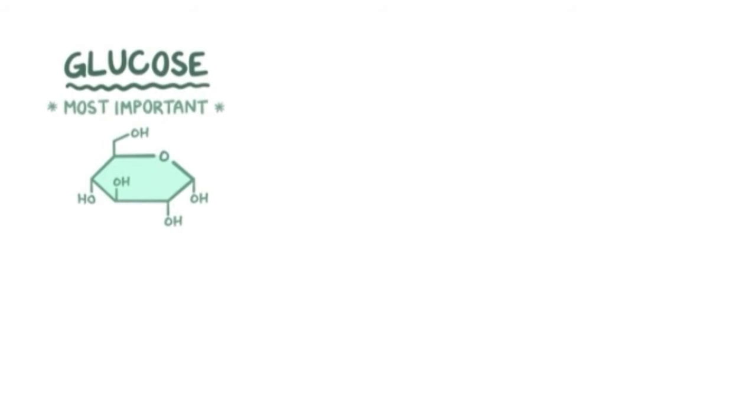It is also considered the most abundant organic compound on Earth. We can find glucose in some berries, in fruits, in honey, and even in starch and cane sugar.